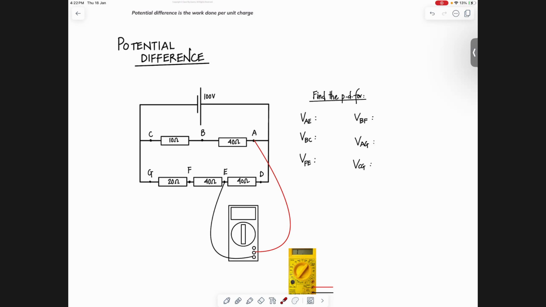40. AE? No. Why should it be 0? Because it's connected in different branches. That doesn't make it 0. As long as there's a difference between two points, there will be current flowing here. It would have been 0 if it was AD. Yeah, AD would be 0. Then AE can't be 0.